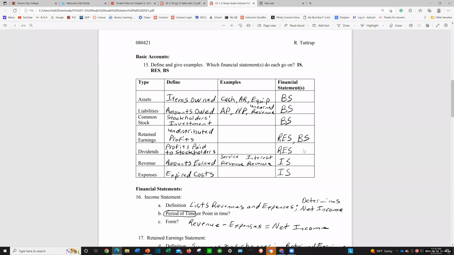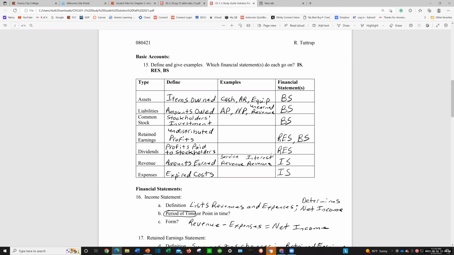Sometimes students get confused and they'll say, oh, dividends must go on the income statement. No, the only thing that goes on the income statement is revenues and expenses. So dividends, distributions of profits, which come out of retained earnings, are put in the retained earnings statement. So just remember that. This is one that some students get confused on.